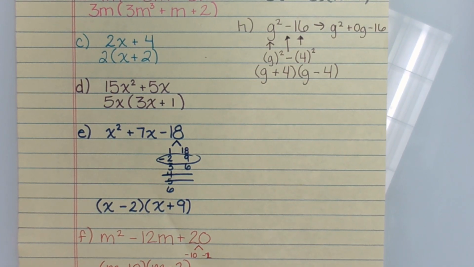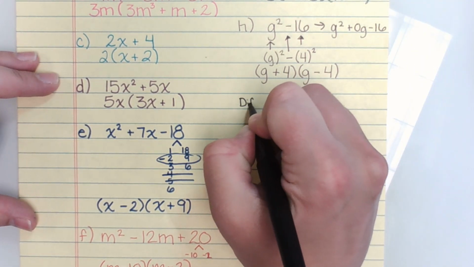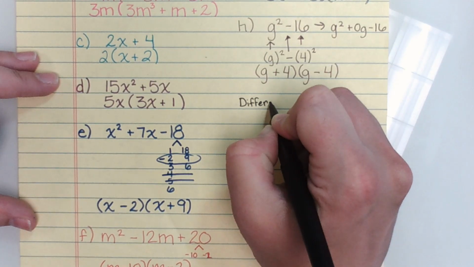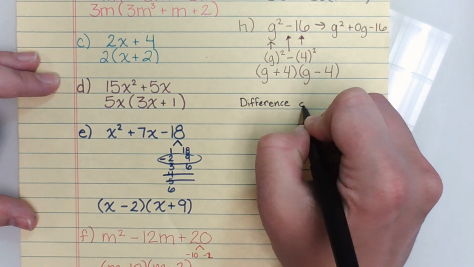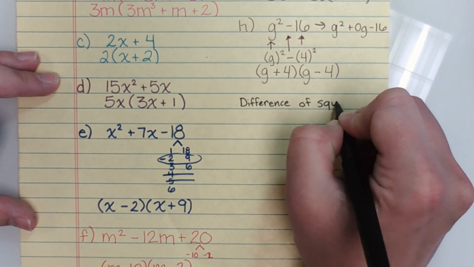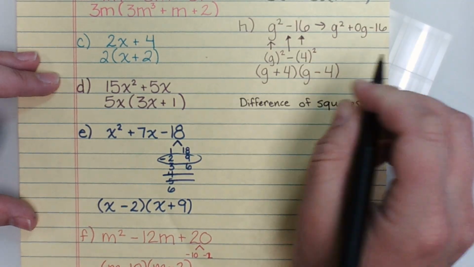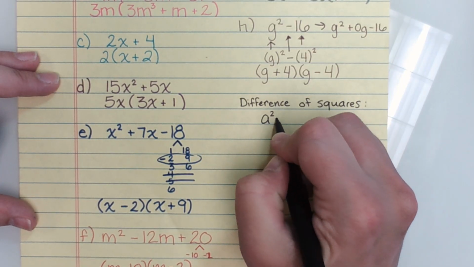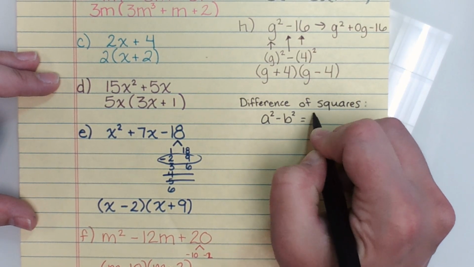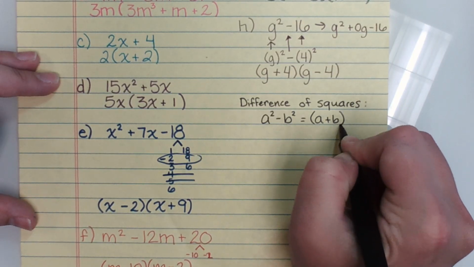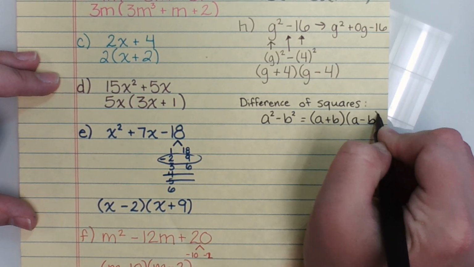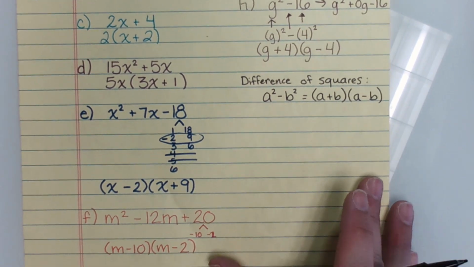The reason I talk about the shortcut for difference of squares, though, this is that shortcut for difference of squares.